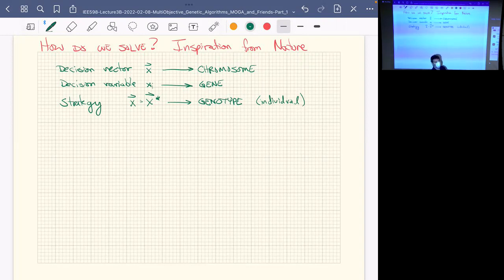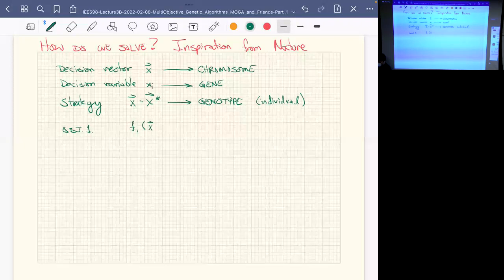Now, before we were only working with one objective. I talked to you about a hint of how we're going to incorporate multiple objectives. Now we're going to drill down into that. So we have objective 1 in our optimization problem, and we'll call it F1. And this is what I'm going to refer to as character 1.